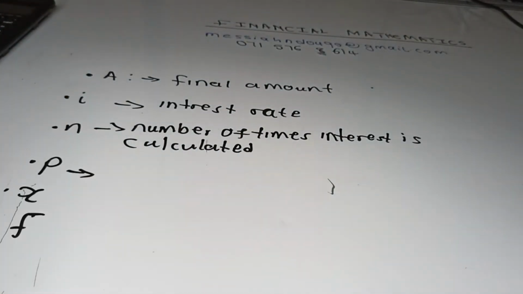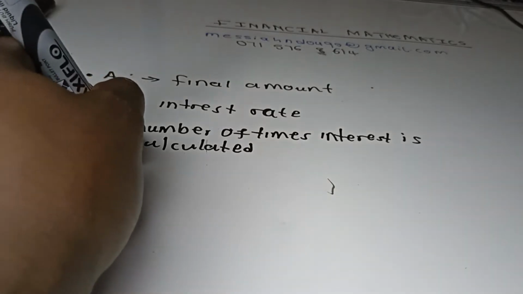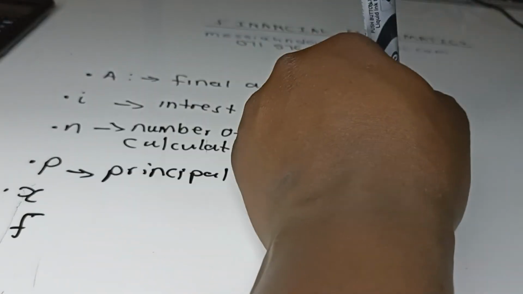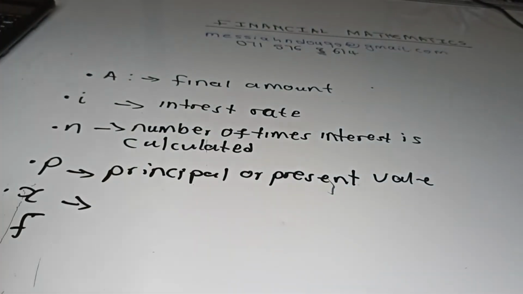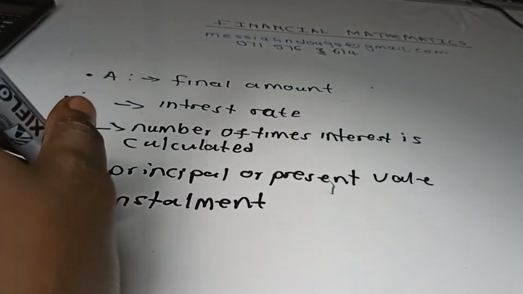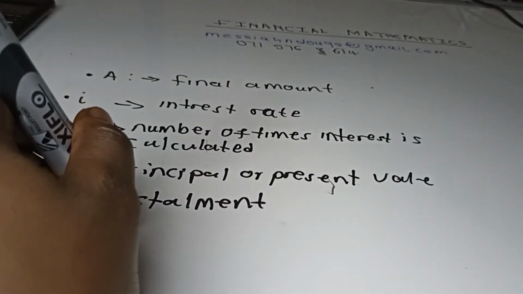P is representing the principal or present value. Letter X is representing the installment. Lastly, we have our letter F representing the future value.